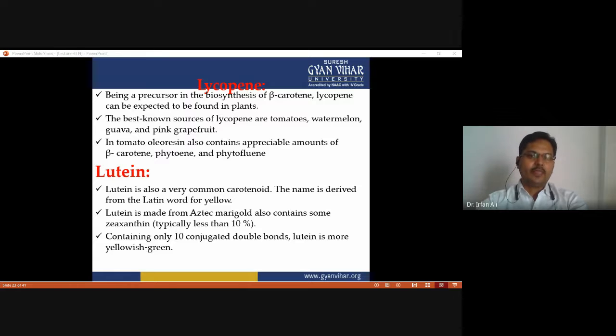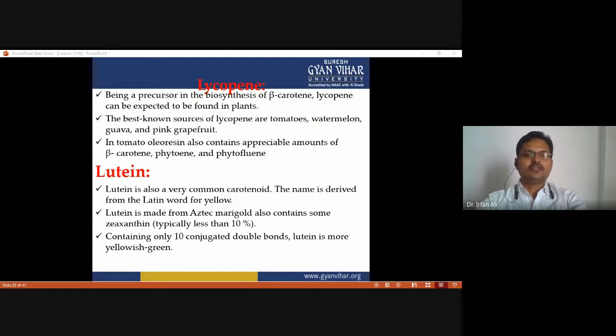All these have lycopene. Tomato and oleander also contain appreciable amounts of beta-carotene, phytoene, and phytofluene. All these are carotenoids, because carotenoids are a group of pigments. Another example of carotenoids is lutein.